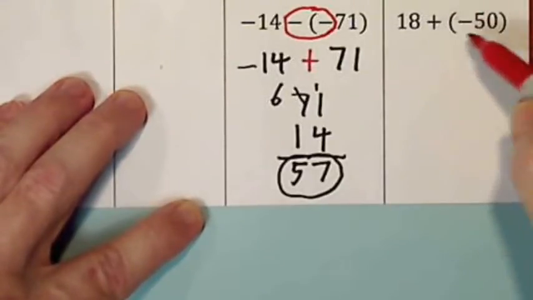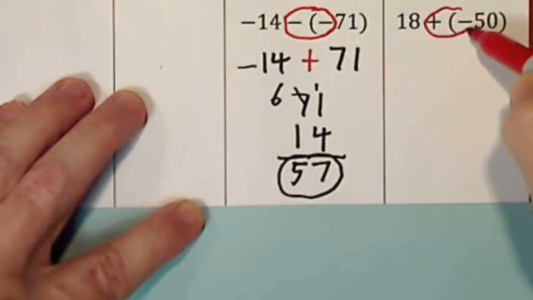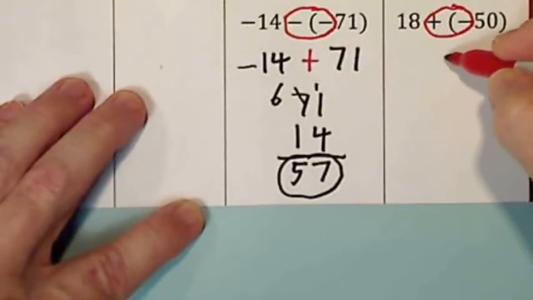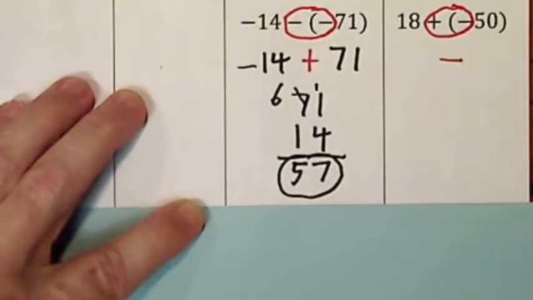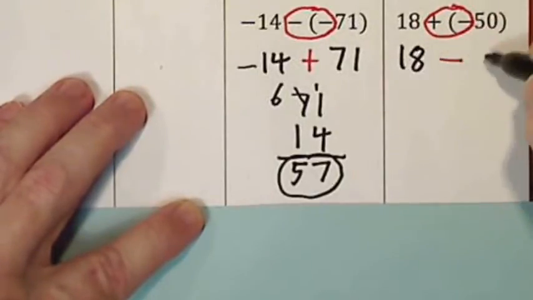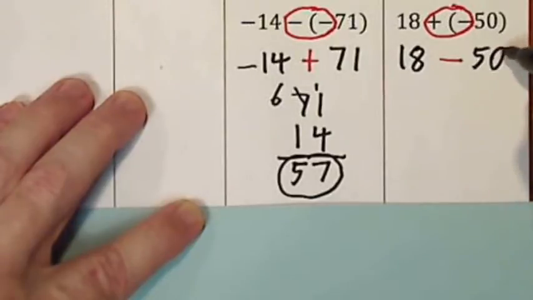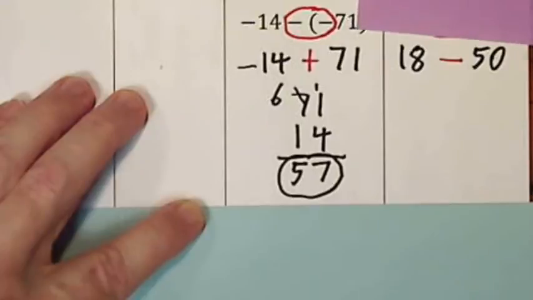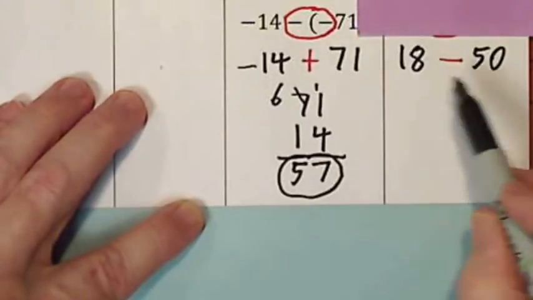We'll try this one. Two signs in front of a number. Using the rules of multiplication, positive times negative is negative. Bring down what you haven't touched. Now you can forget about what's up there. The signs are different.